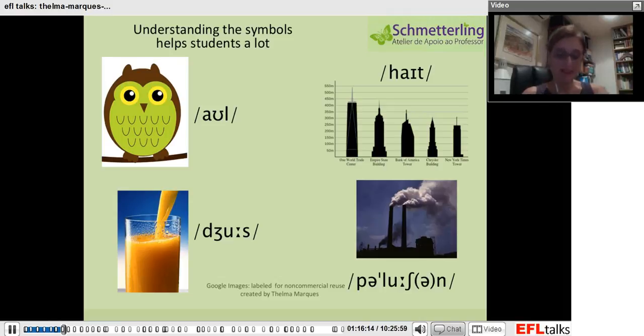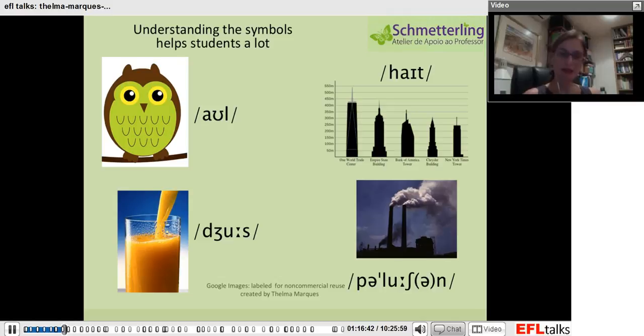Even if you have never seen them before, chances are that you would say owl and height correctly. It's unlikely, however, that students trying to read OWL or HEIGHT for the first time would succeed, don't you think?